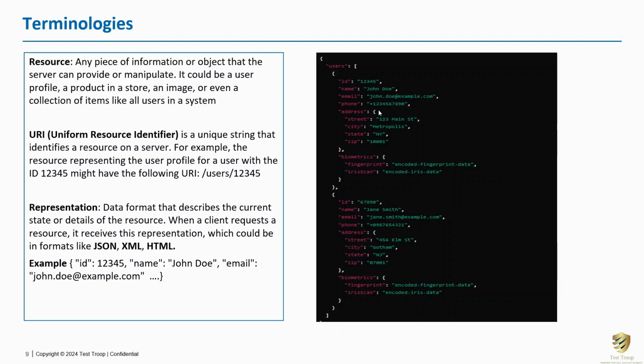If you want to get the details of this particular user by making a GET request to the base URL/users/12345, then the server gives the current representation of that resource, which is something like this: ID equal to this, name equal to this, email, etc. These are the three important terminologies that will be required to understand the fourth constraint, the uniform interface.